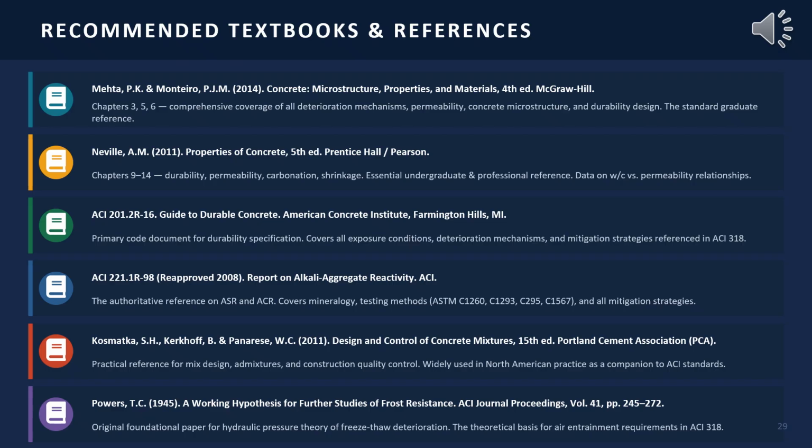If you want to dig deeper, here is the list of key reference documents and the textbook, so you can go through them. I recommend that you go through all these reference documents wherever you have a question or any ambiguity.